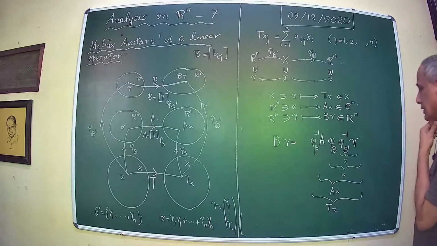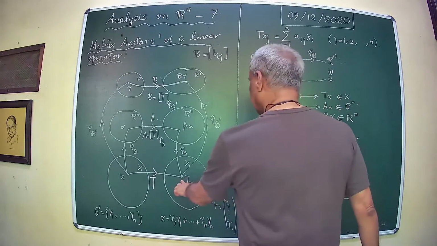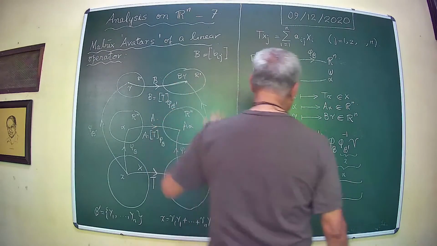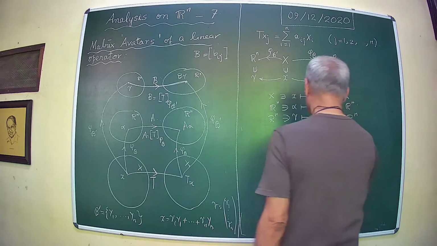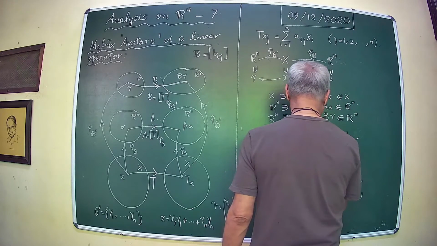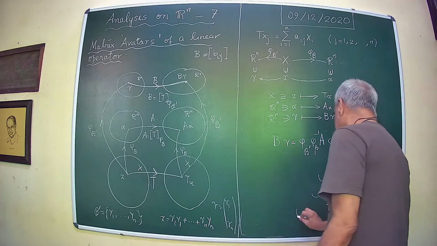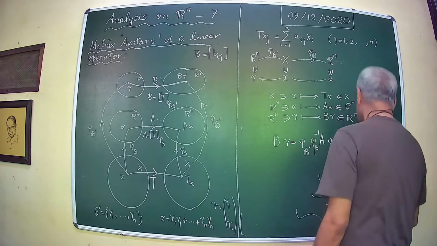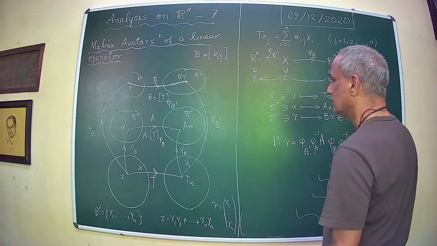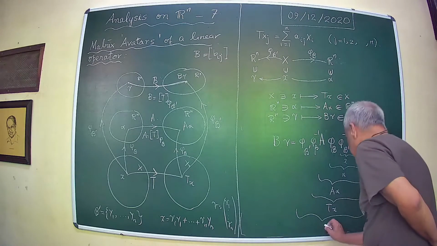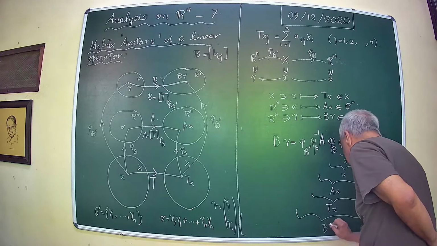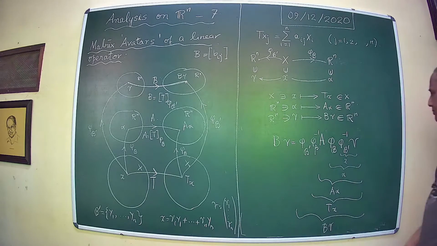And then I apply phi b. So what do we have? Eventually we reach beta. That is a systematic way in which you arrive at this.